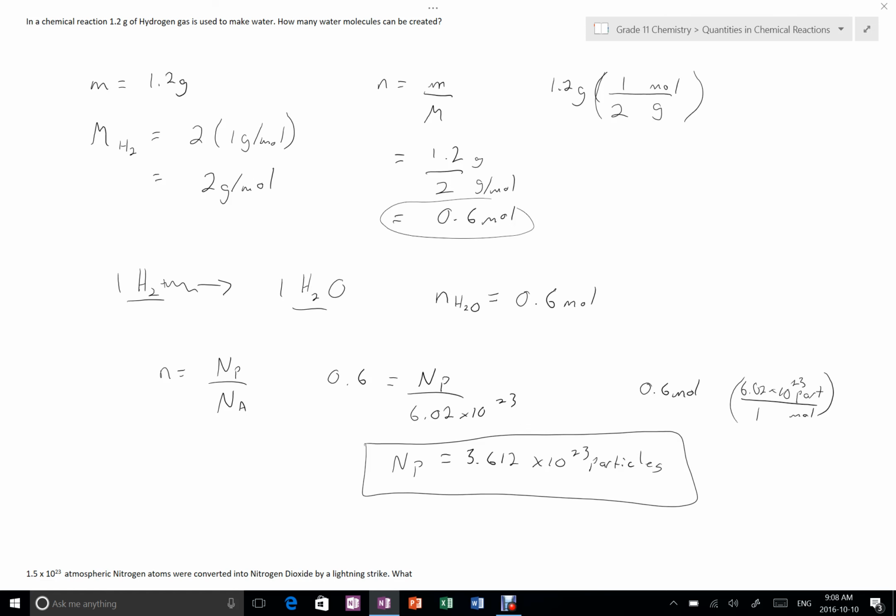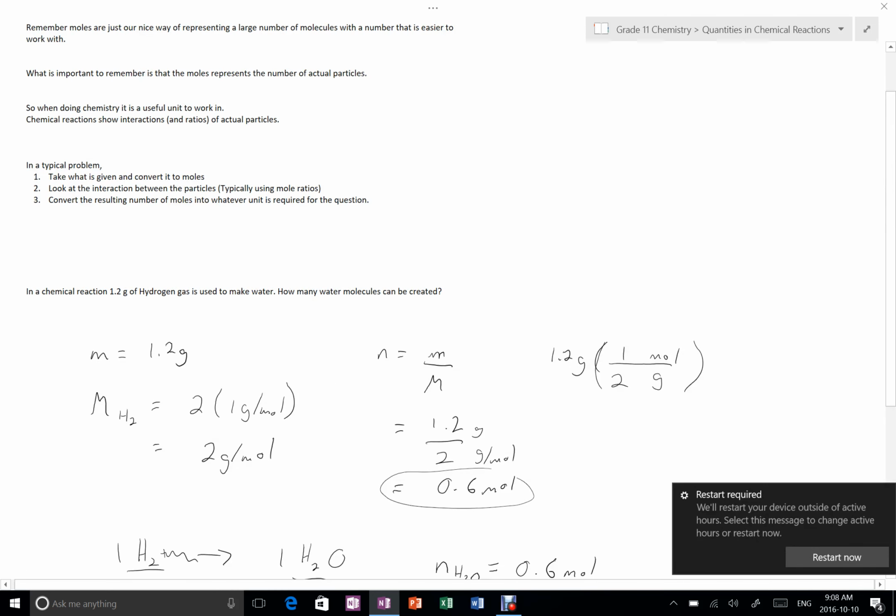One more time, the 3 steps: convert it to moles, look at the interaction between moles or mole ratios, depending on what that looks like, and convert the resulting number of moles into whatever unit is required for the question.